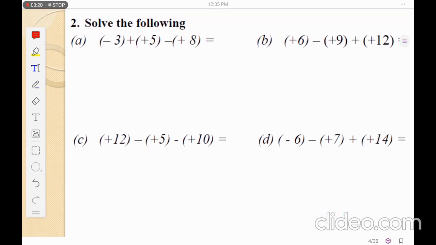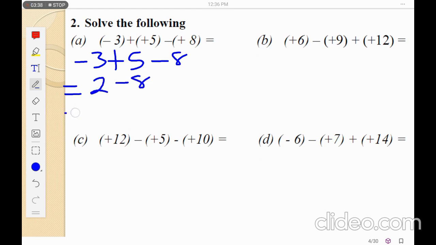Oh, now we have got some directed numbers. Minus 3 plus, so this is minus 3 plus 5, then minus plus 8, I get minus 8. This is equal to minus 3 plus 5, I will get a 2 here, then minus 8, I will get minus 6 as the answer here.